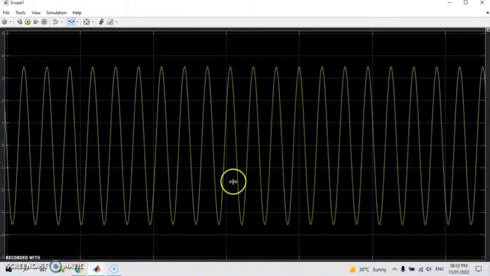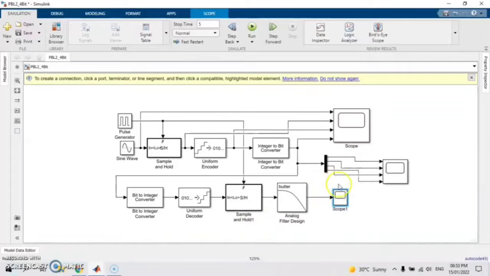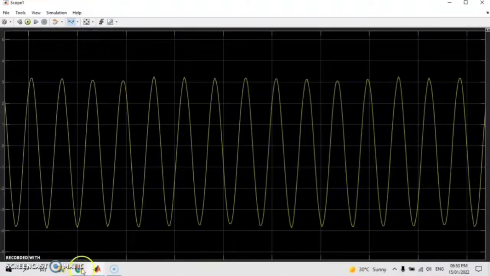And we can conclude that the 8-bit one has a better decoded signal compared to the 4-bit one, in response to the first signal that we have used.